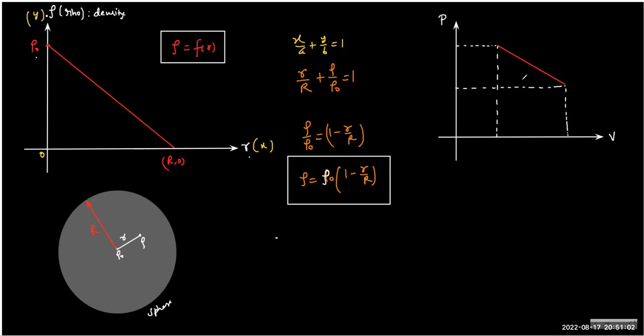So the red is representing some segment of a big line.